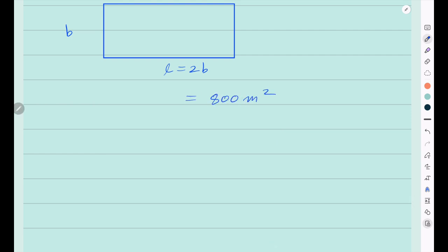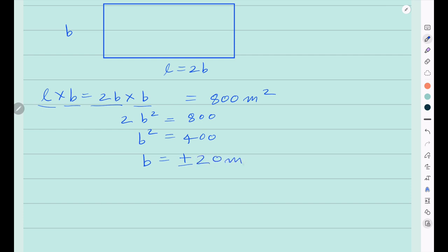800 meter square is the area, and what is the area of a rectangular field? It is just L times B, and L is nothing but 2B, so 2B times B is equal to 800 meter square. So it is 2B squared is equal to 800, and then dividing both sides by 2, B squared will be 400. So B will be plus or minus 20 meter.